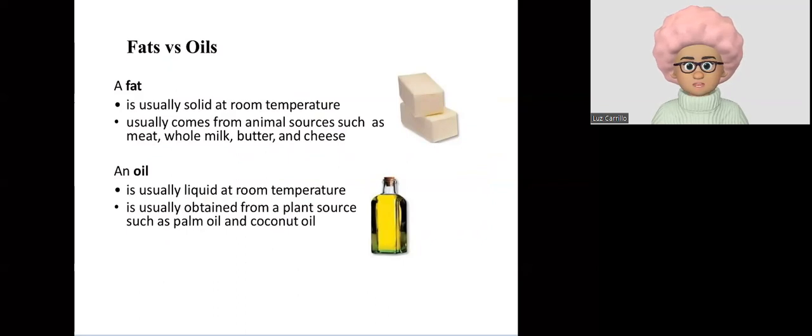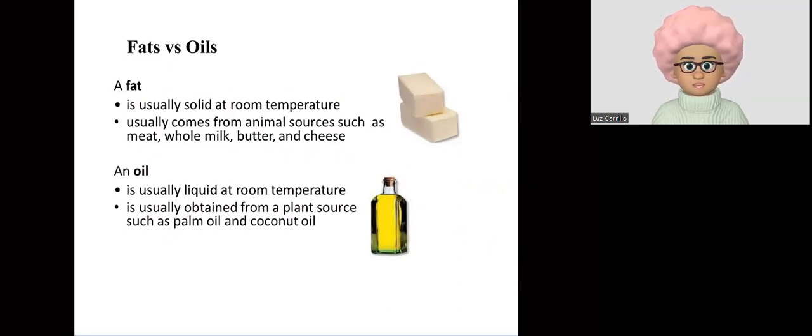Fats, which are usually solid at room temperature, come from animal sources. Whatever we see in meat, we call fat. Whole milk has fat, butter has fat, cheese has fat. And again, the reason we call them fats is because they come from animal sources.